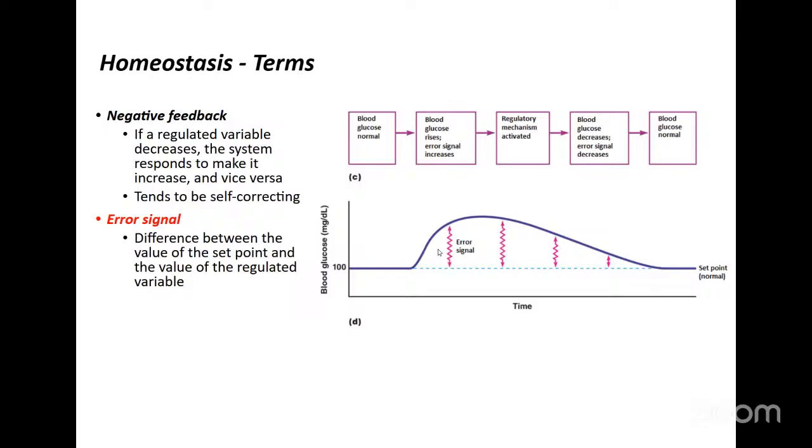So over time, when these regulatory mechanisms are activated, when we're doing the process of homeostasis, our goal is to make that error signal smaller. We notice that there's a difference from where we want to be, and through this negative feedback loop, we make that error signal smaller and smaller until we're back at our set point.